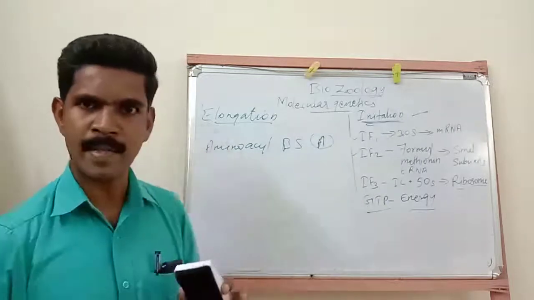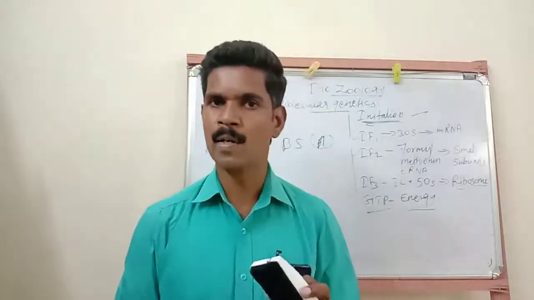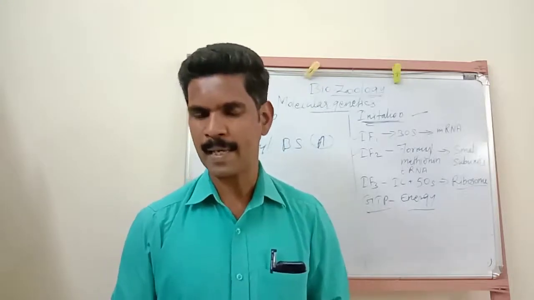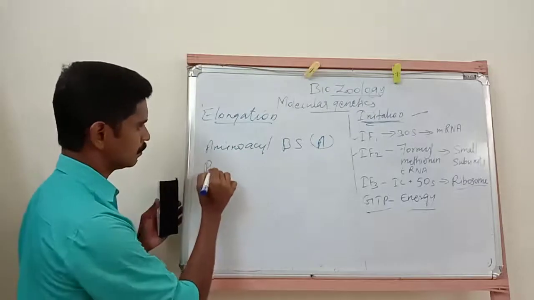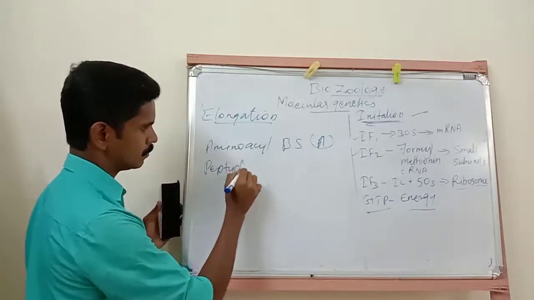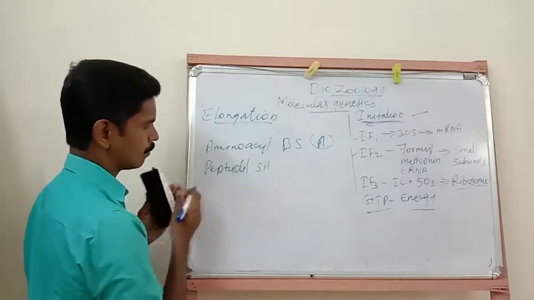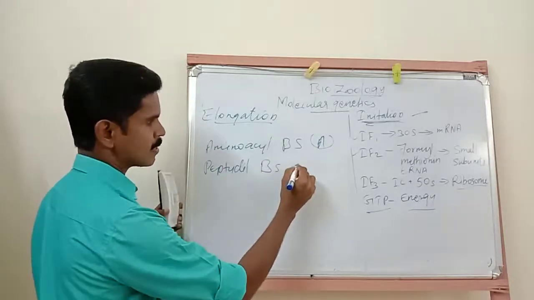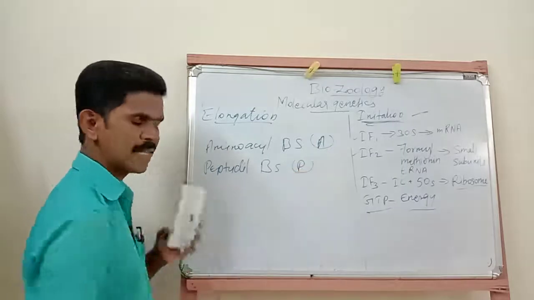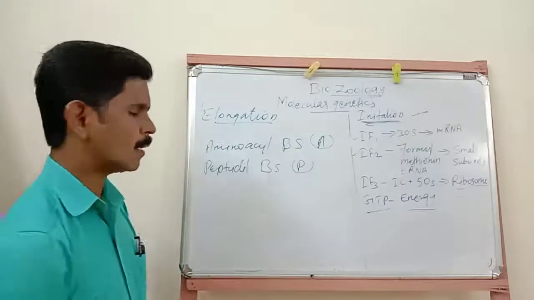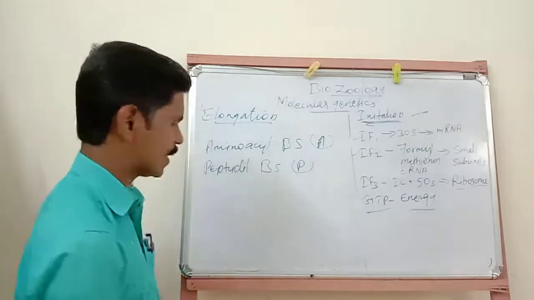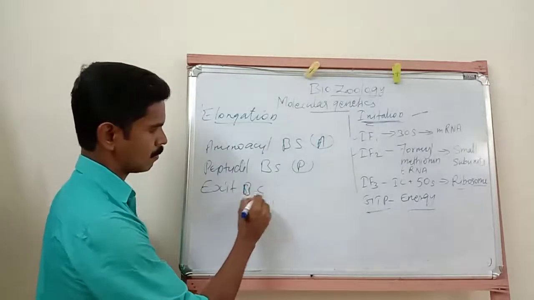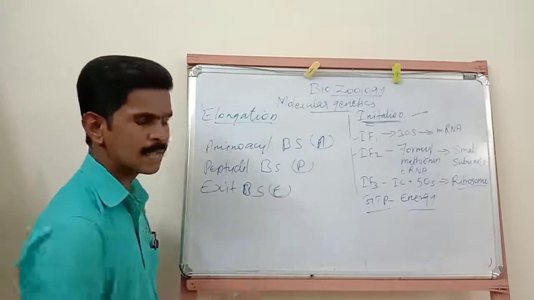Then the second site is called the peptidyl binding site. In short, we can write P site. Then the third site is called the exit site. In short, we can say E site.